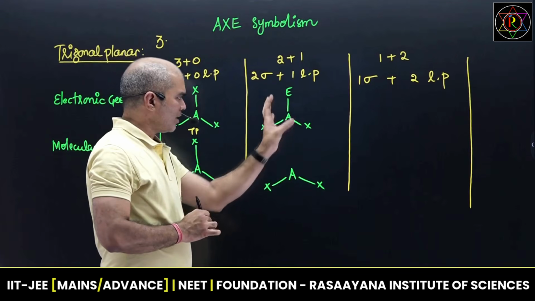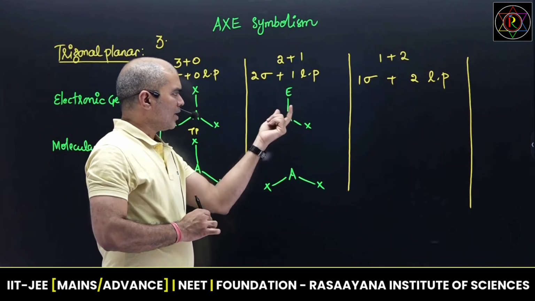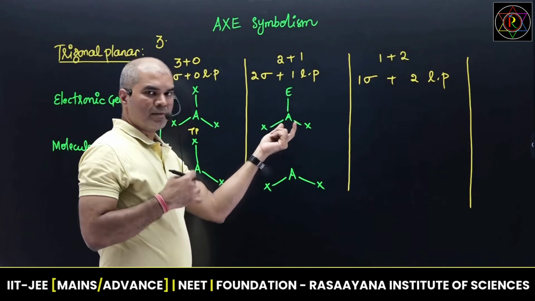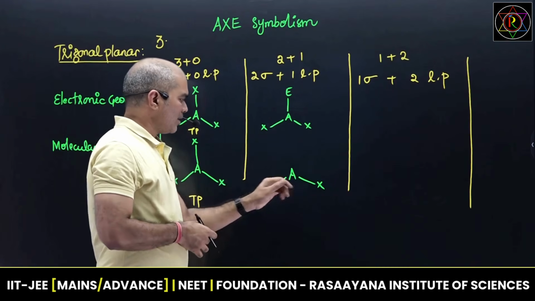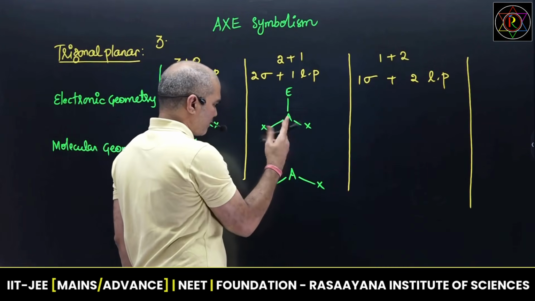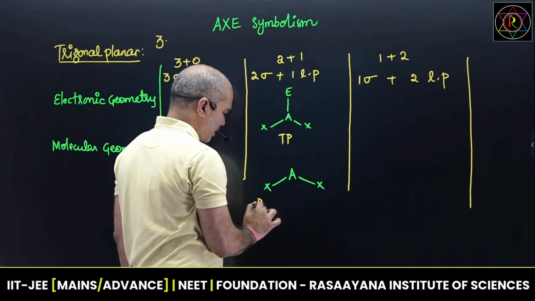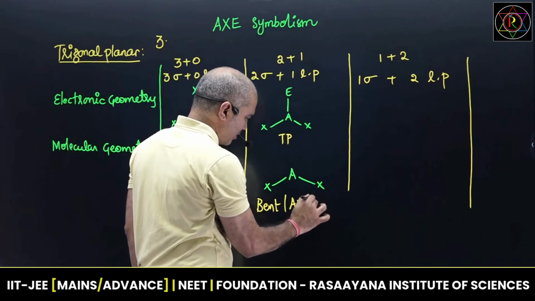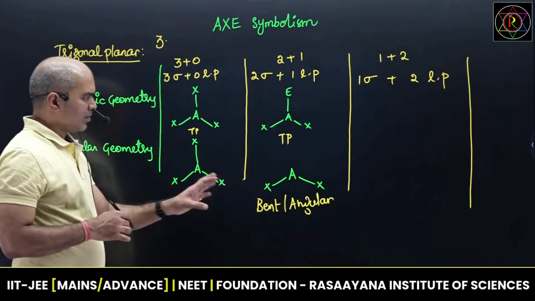So this still looks like trigonal planar, but it is not an equilateral triangle because there is a lone pair. In this case, this is bent or angular. Some of you may call it V shape, but the original terminology is bent or angular.